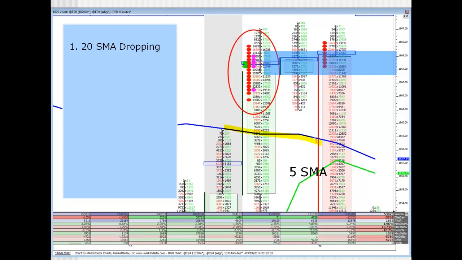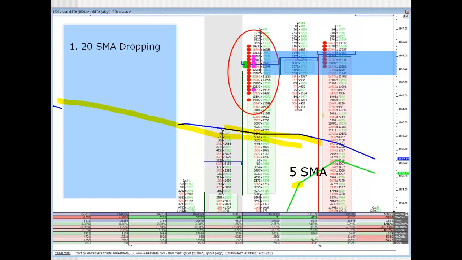If it wasn't obvious to you that it was sloping down, which really it should have been because it was quite a slope, the value of the simple 5 moving average is below the 20 simple moving average. So the 5 is not above it. The 5 is below it. And here at this point, well before anything had happened in this day, the 5 was in fact below it.